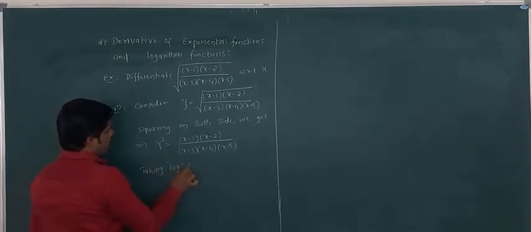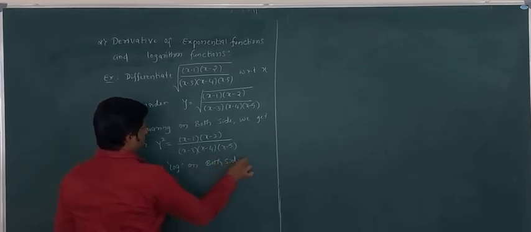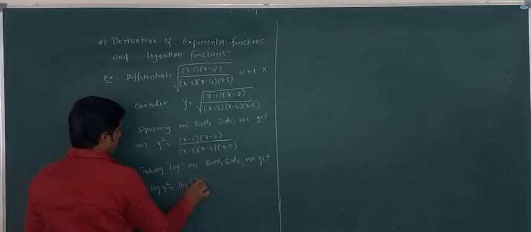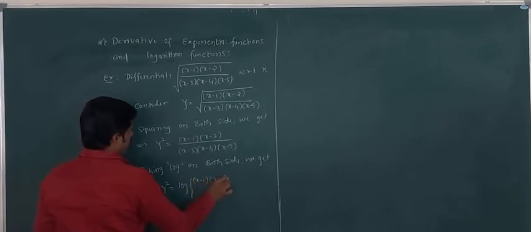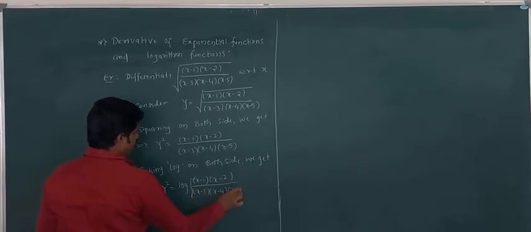Taking log on both sides, we get log y square is equal to log of (x minus 1)(x minus 2) divided by (x minus 3)(x minus 4)(x minus 5).